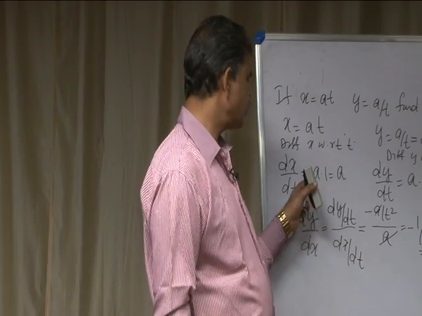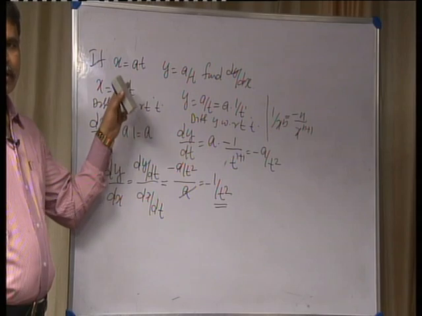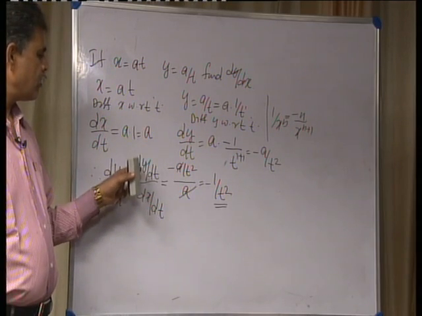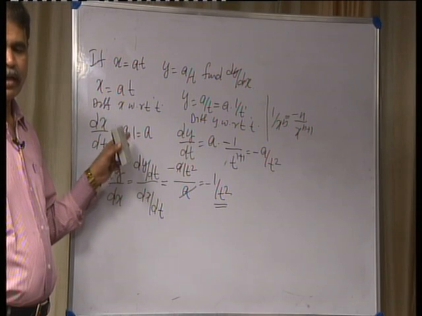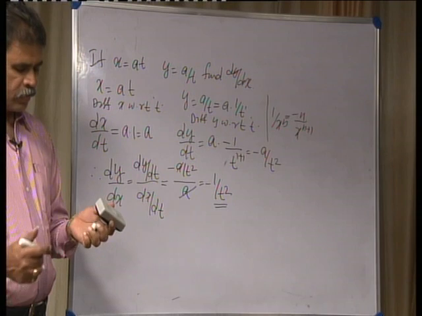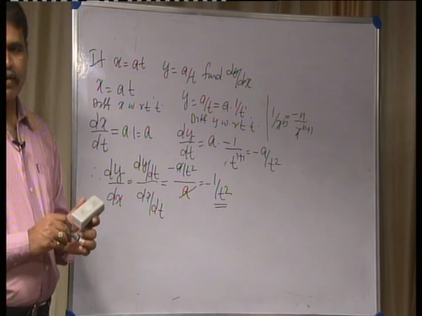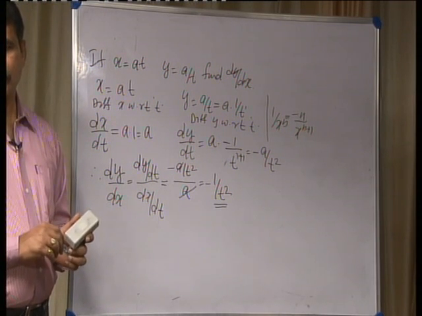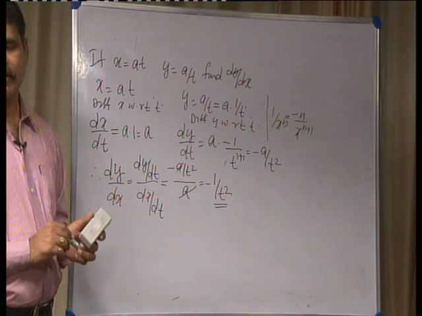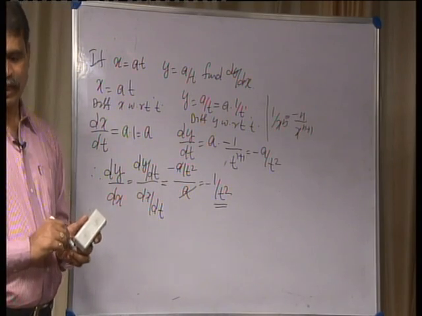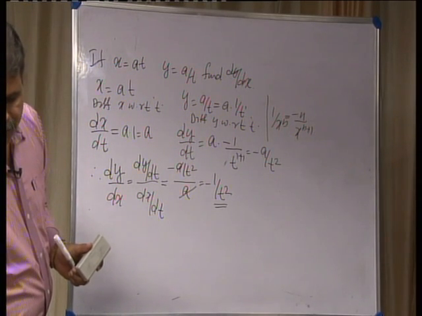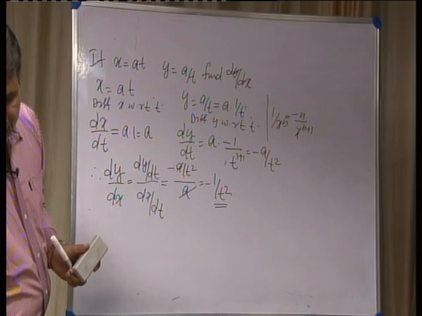So, x is differentiated with respect to theta, y is differentiated with respect to theta, hence we get dy by d theta and dx by d theta. Using that we have to find the differentiation of the given parametric function with respect to x. This is called the derivative of a parametric function.